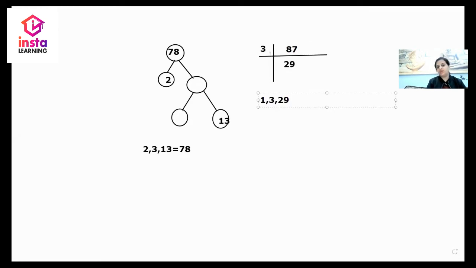Three 2s are 6 and three 9s are 27, so the answer is 29. So the factors of 87 are 1, 3 and 29. The number 1 always comes, and 29 is odd and cannot be divided further. Likewise, you have to do all the sums.